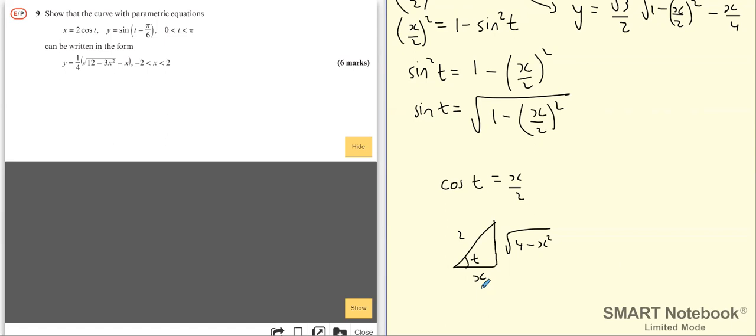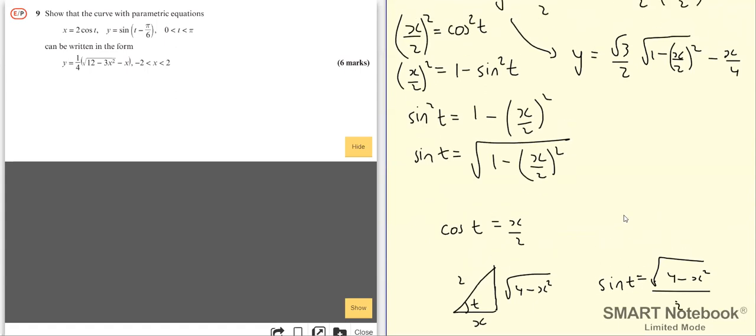And so sine t should have been equal to square root of 4 minus x squared over 2. Okay, so now you figured out where you made a mistake. That's fine. You can do that and you get the same answer.